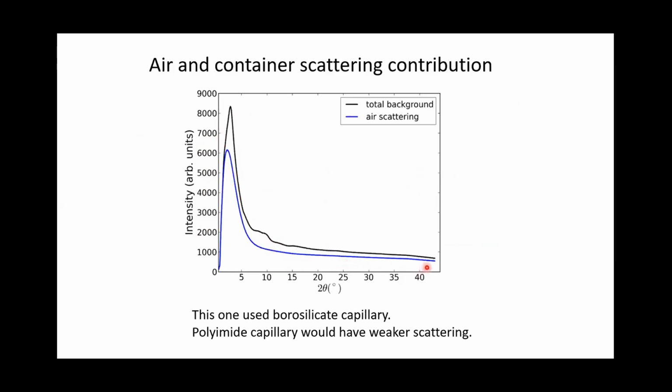And there's a lot of contribution from air scattering. What that means is if you have a very weak scattering system, you probably want to further minimize this part. You want to decrease it, and how to do that? You want to shorten the air scattering path. So this is also a practical issue.